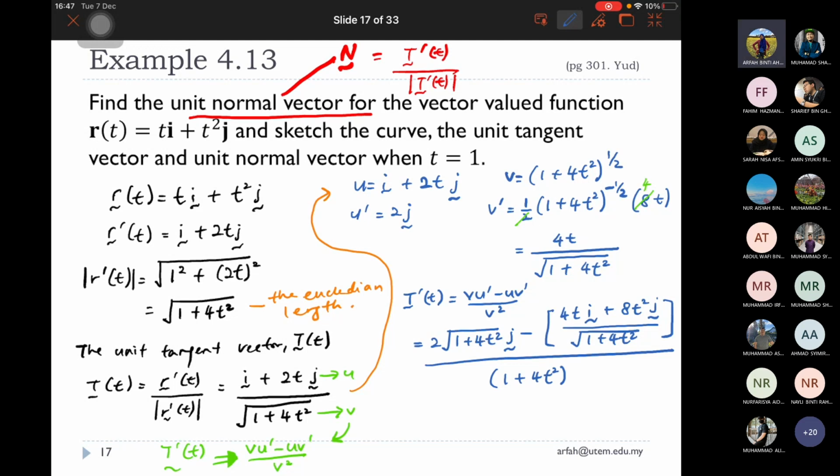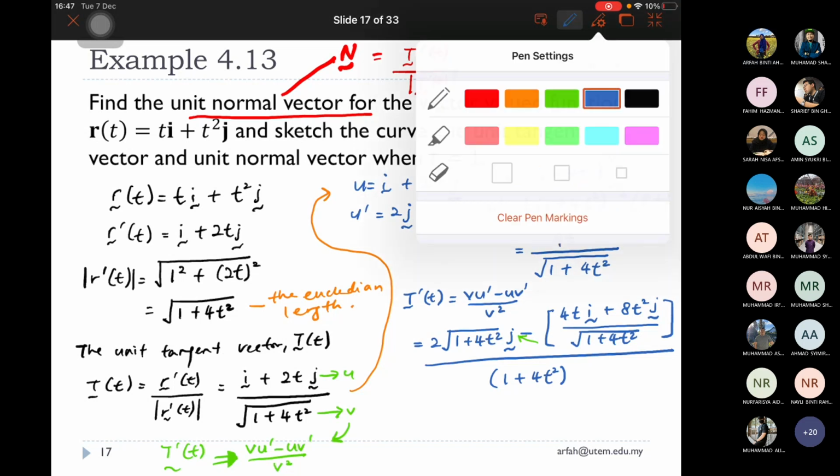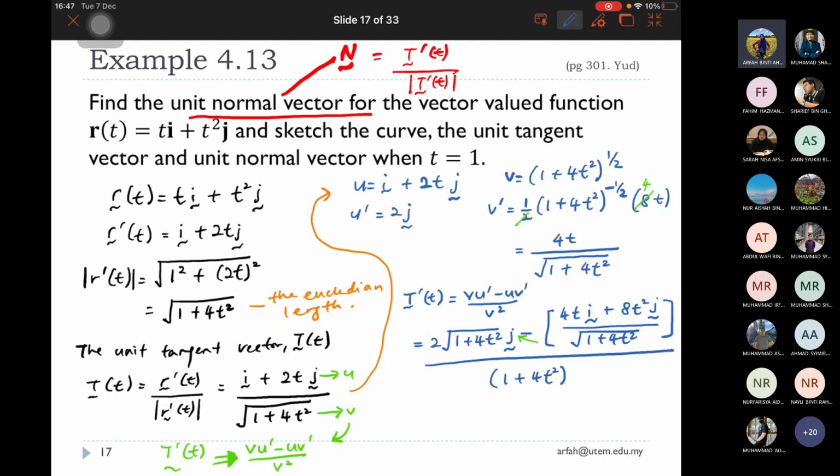So settlekan mathematically for this one. So darab silang yang ini. Okay. Darab lepas tu jadikan 1. Settlekan for this one. Cuba settlekan. Dapat apa? Dua square root 1 tambah 4t kuasa 2 tu per 1 darabkan dengan square root 1 per 4 tambah t squared per square root 1 tambah 4t squared.